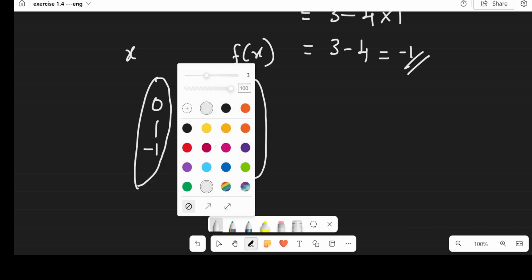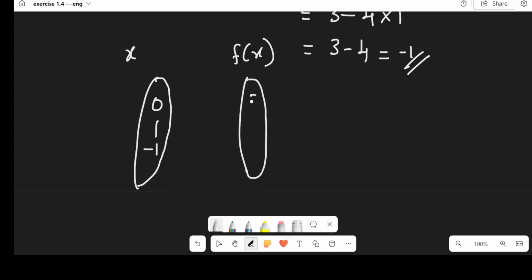We have gotten 3 and minus 1, right? For 0 we are getting 3, for 1 we are getting minus 1, and for minus 1 also we are getting minus 1. So these two outputs are the same, right? Here minus 1, here also minus 1. So this is not satisfying one-to-one. This is not a one-to-one function.